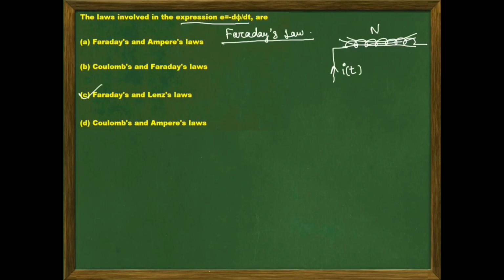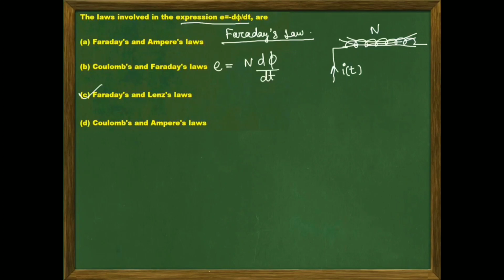So the flux linking with the coil changes with respect to time. So because of Faraday's law, there is an induced EMF. So the induced EMF is given as small e equals N d phi by dt.